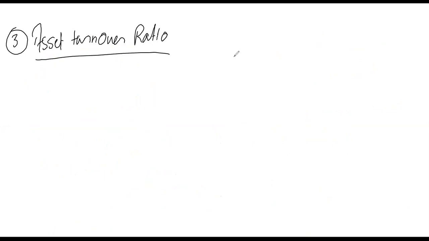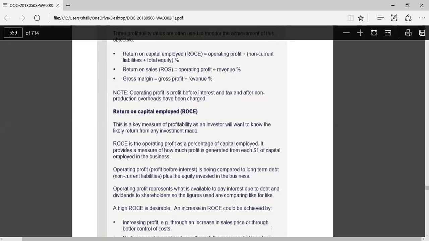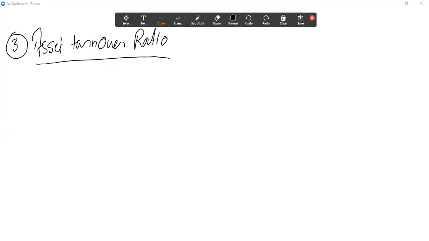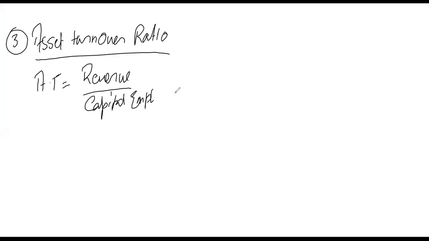It may be calculated by using revenue divided by capital employed. What is the amount of revenue that you generate? Asset turnover is equal to revenue divided by capital employed.